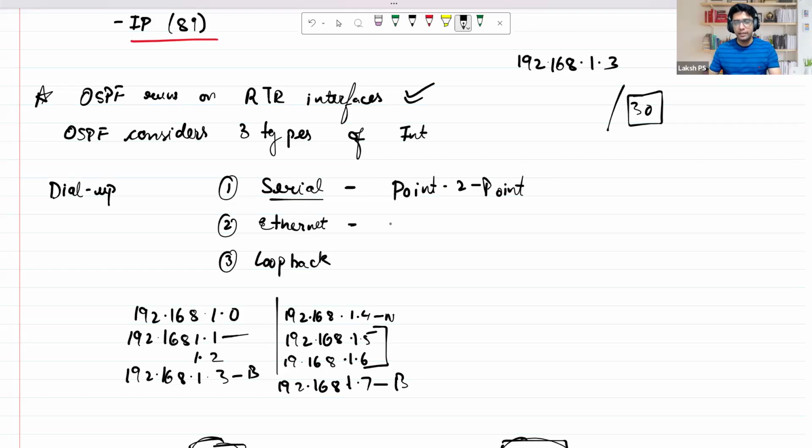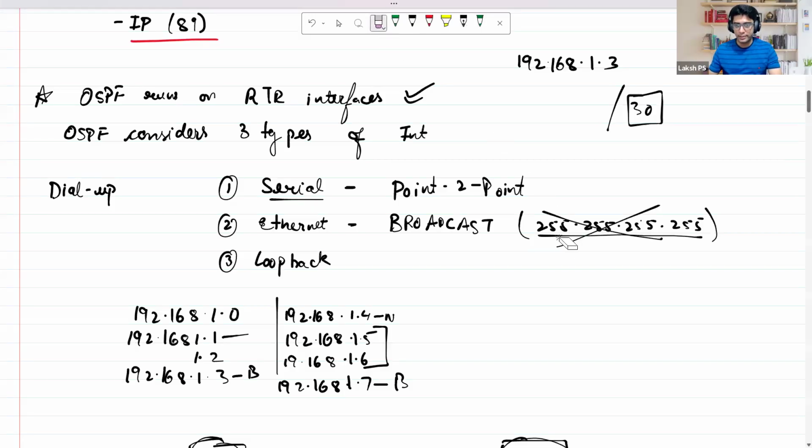It looks at an Ethernet interface as a broadcast interface. When I say broadcast, it does not mean the broadcast IP of 255.255.255.255. No, OSPF does not think of the Ethernet interface as broadcast in this sense.